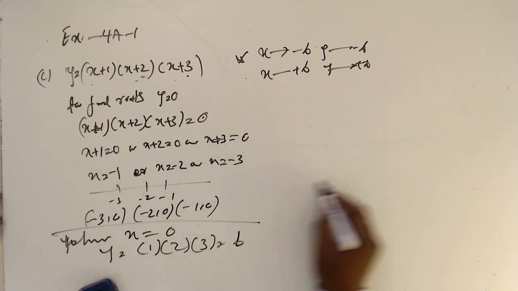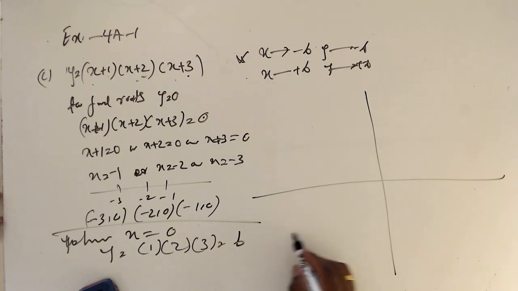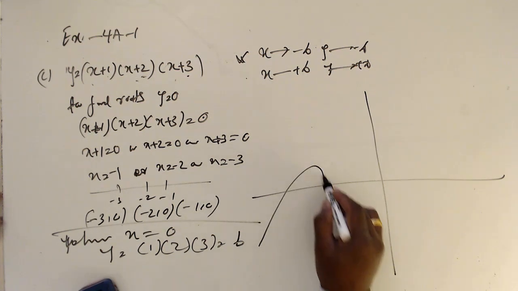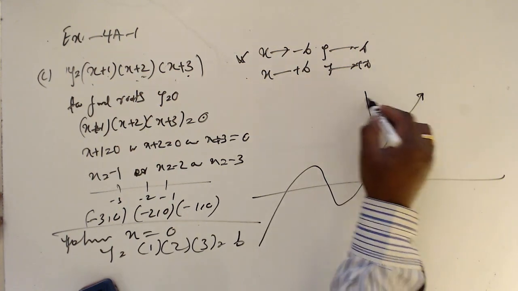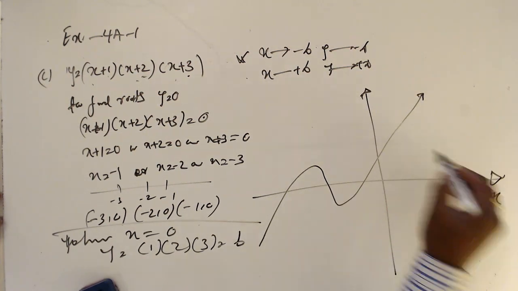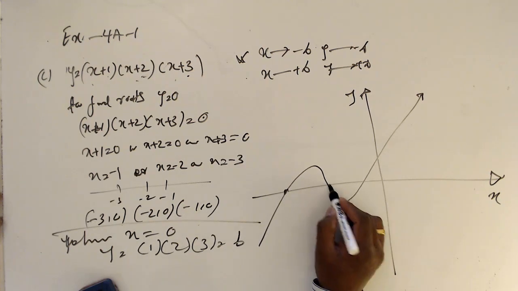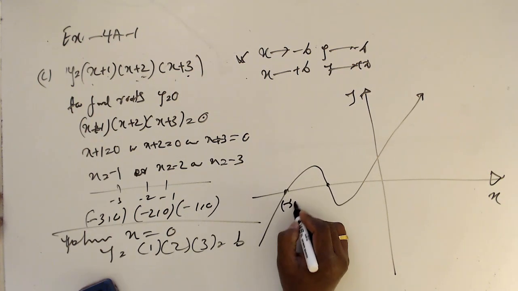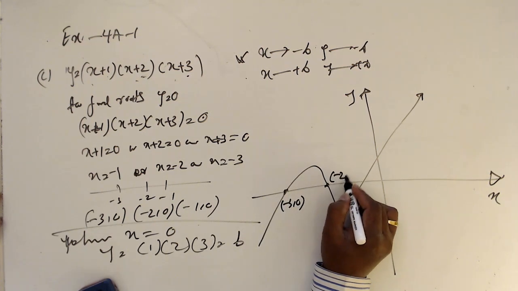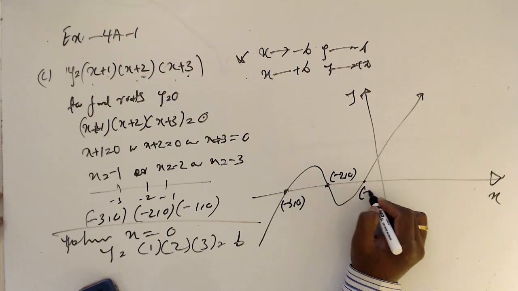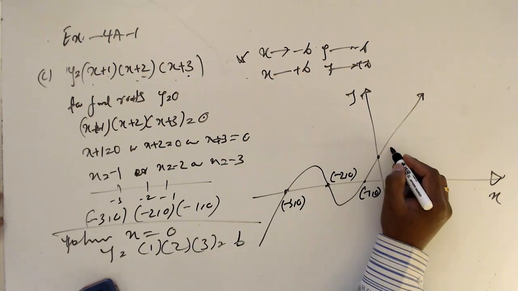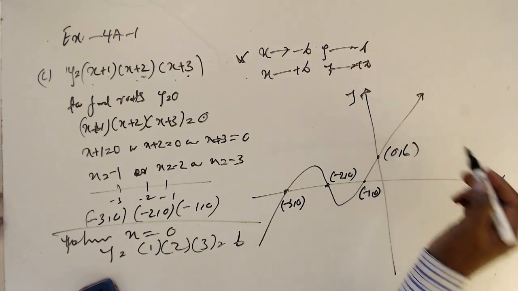Now you can draw this one. It is still the same graph actually. X, y, and minus 3, 0, minus 2, 0, minus 1, 0. This is 0, 6, and that's all.